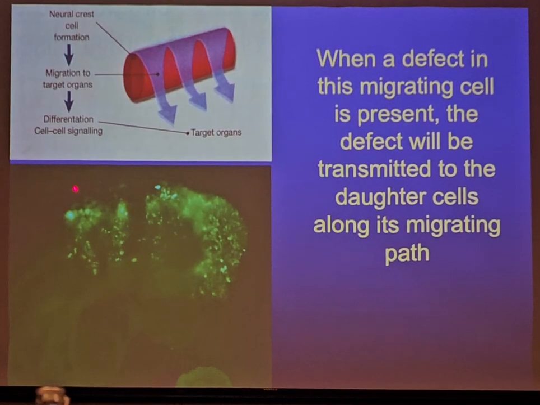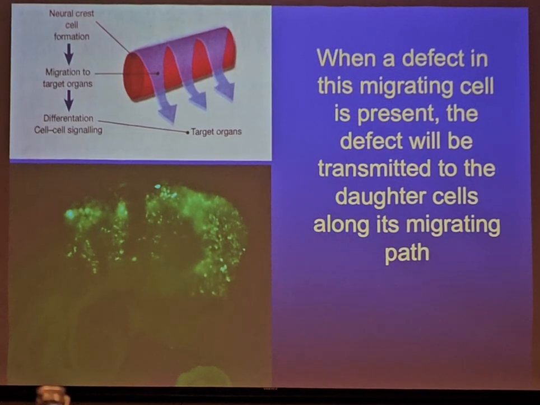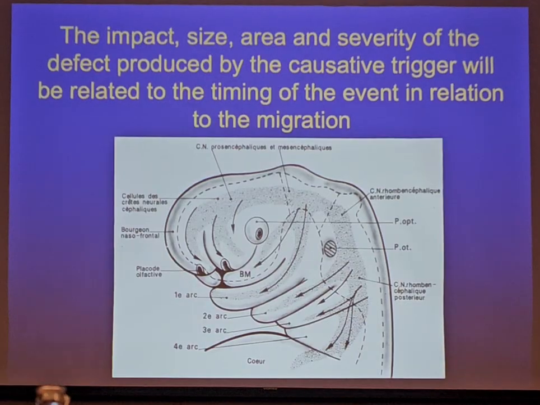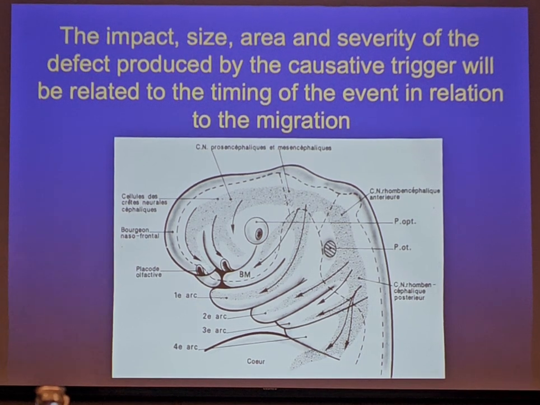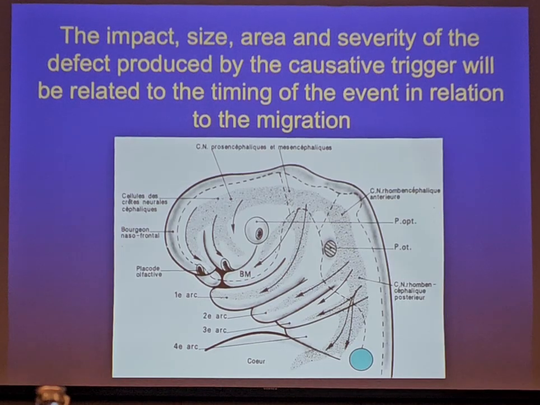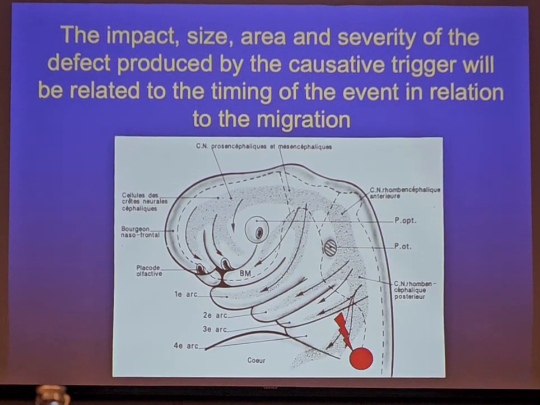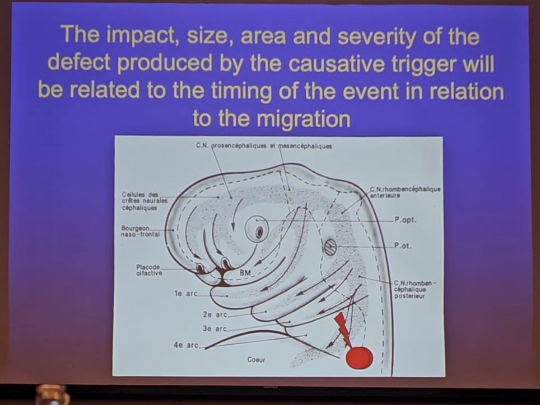So here you can see how certain cells only migrate into certain metameres. And while they are migrating into these metameres, they are seeding their daughter cells along the pathway. So let's have a cell that is migrating from here, and it's still normal. And now a trigger hits this cell, and now it's no longer normal. And now it starts to migrate.